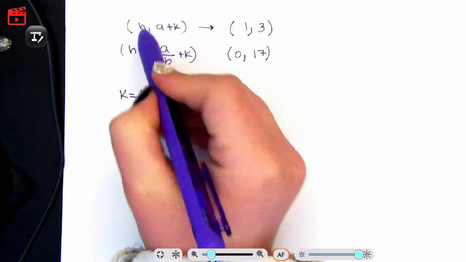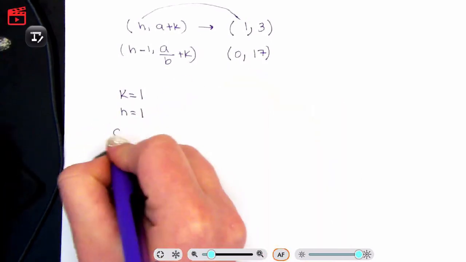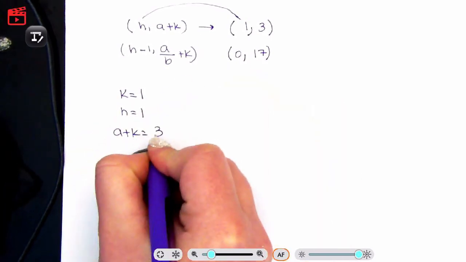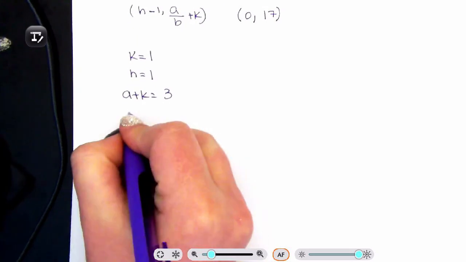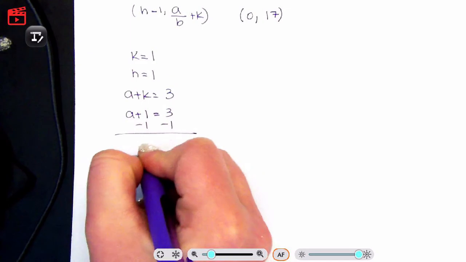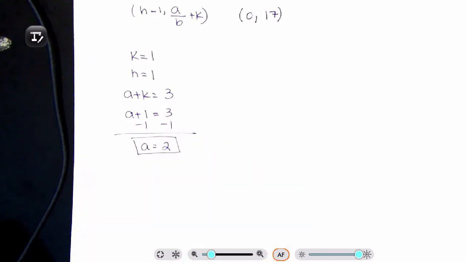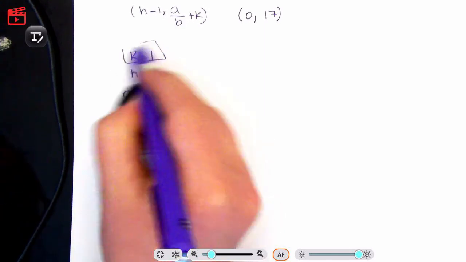So that means h value is 1. A plus k is 3. So a plus 1 is equal to 3. Subtract 1. A is then equal to 2. And again, we are doing a happy dance because we should get a positive value since there was no reflection. So we have a k value, we have an h value.